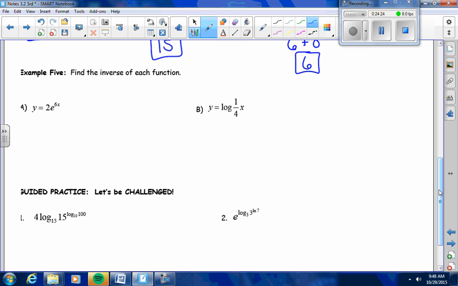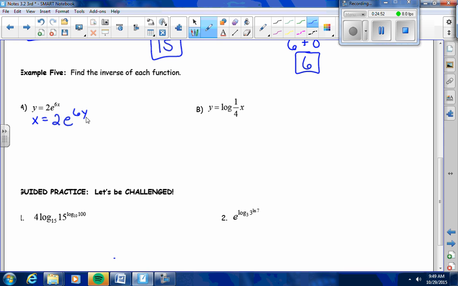What is it that you do to an equation to find the inverse? Switch x and y and then solve for y. So that's what we're going to do this time. Switch x and y. So instead of y equals, we're going to have x equals 2 times e to the 6y. So instead of it being 6x, I need to switch out the x with the y.